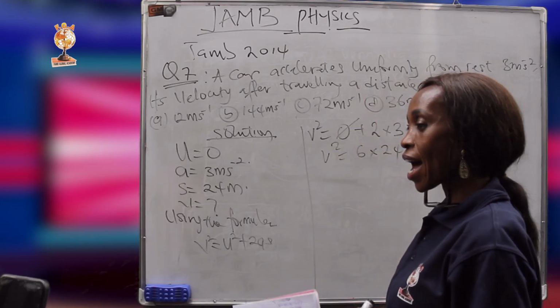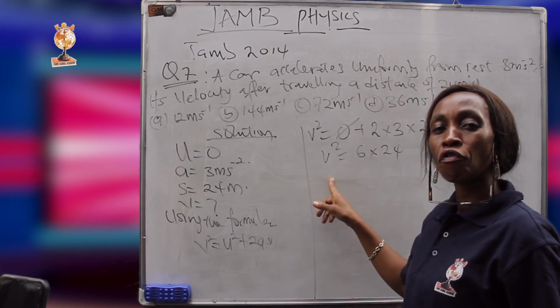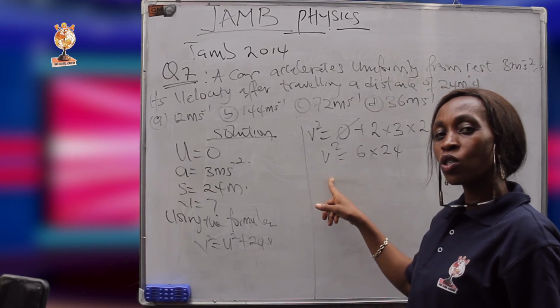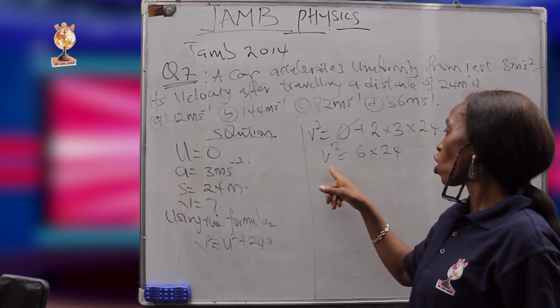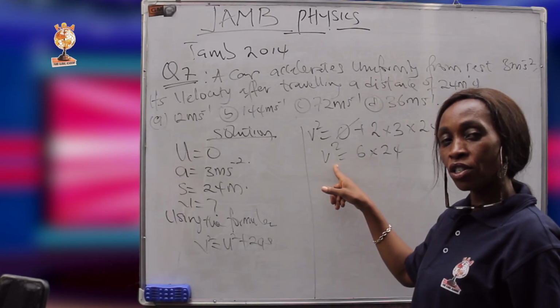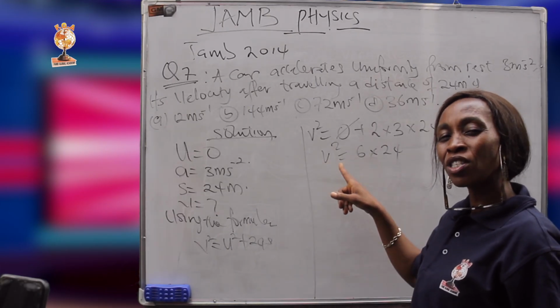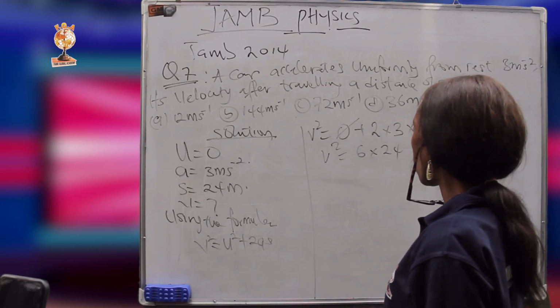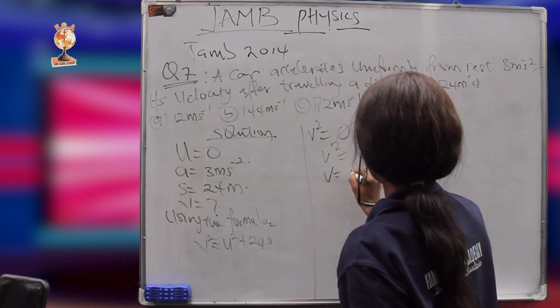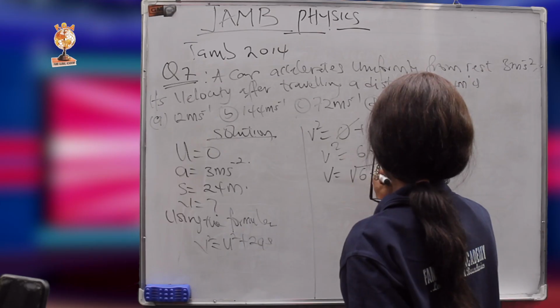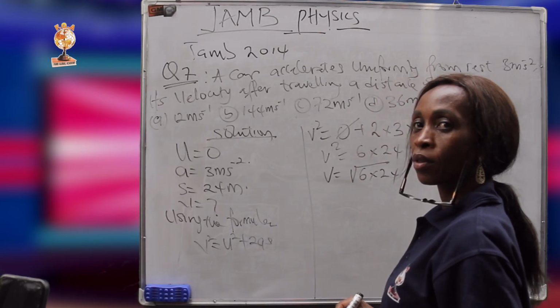Remember, I have not been asked to find V squared. I'm asked to find V, not the square of velocity, but the velocity, a single entity. So V is equal to the square root of 6 times 24.